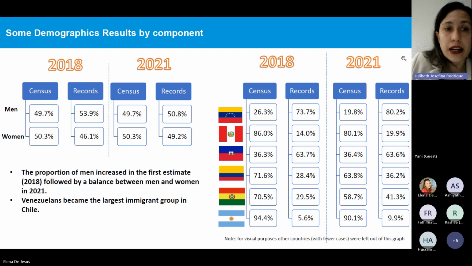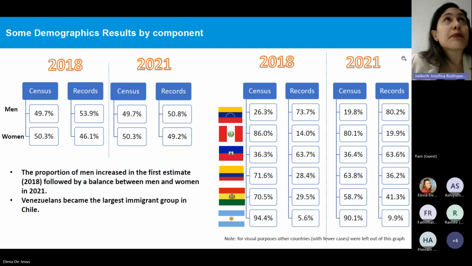Or for example, regarding country of birth or nationality, the 2017 census revealed new countries in immigration flows, with the appearance of countries such as Colombia, Haiti, and Venezuela, following the main historical flows from border countries such as Peru, Bolivia, and Argentina.